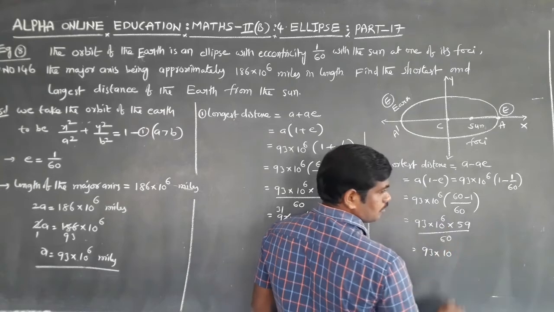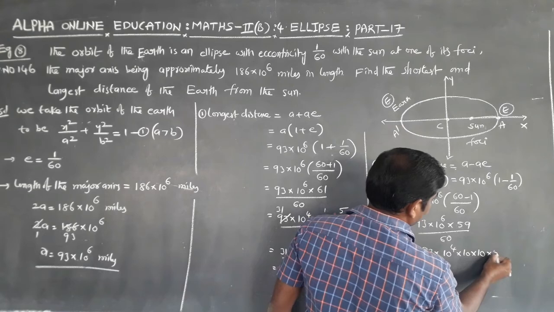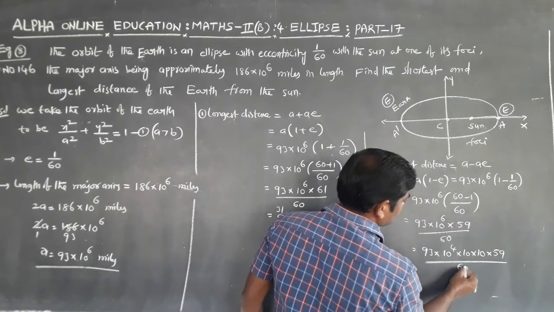93 into 10 to the power of 6 is written as 10 to the power of 4 into 10 into 10 into 59 by 60.